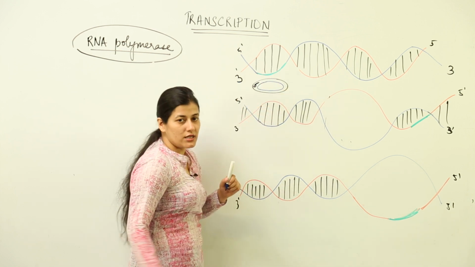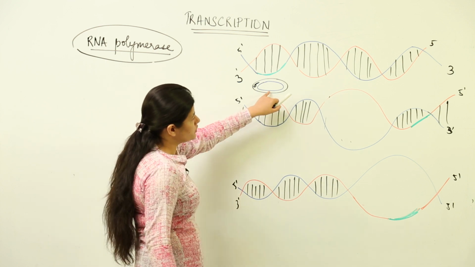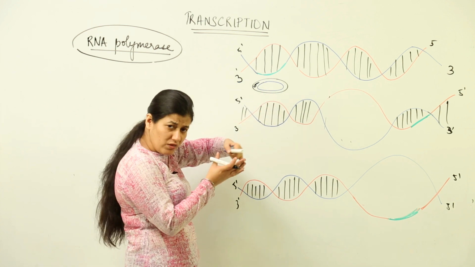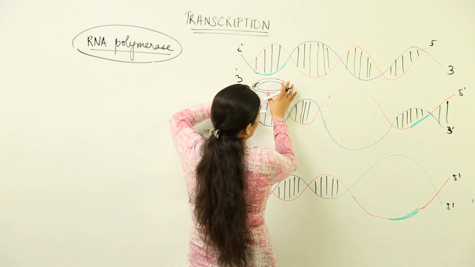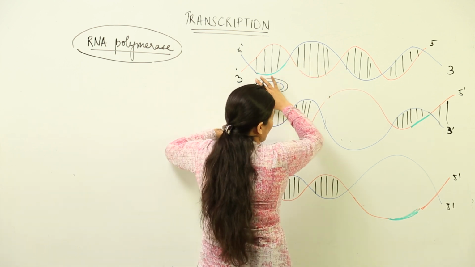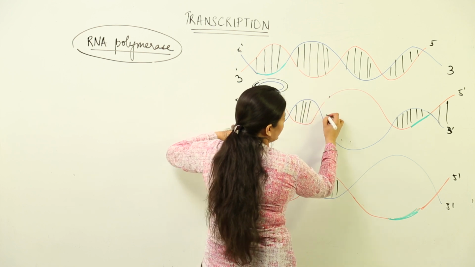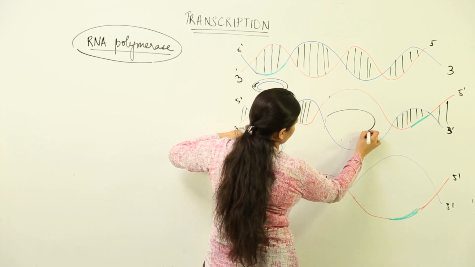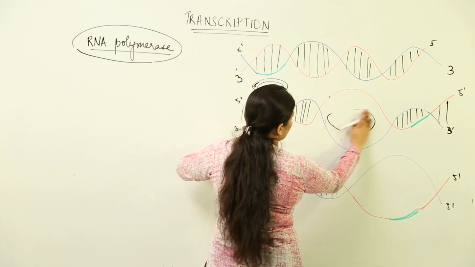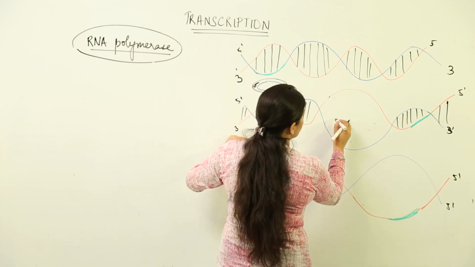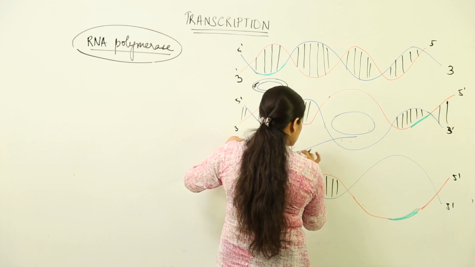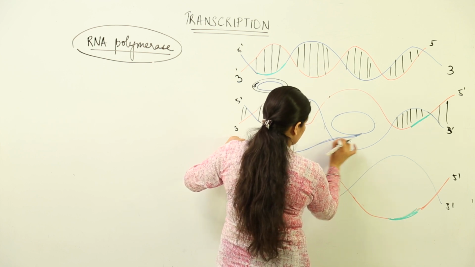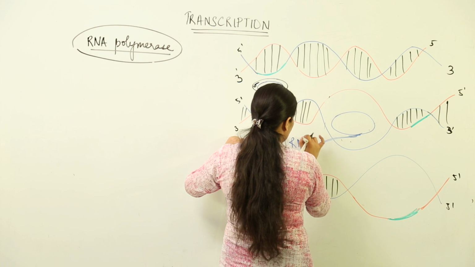promoter sequence. Once the promoter sequence has been identified, of course, the helix uncoiling has to be done. The helix gets uncoiled and RNA polymerase enters inside and extends the chain forward. This is RNA polymerase. It has extended the formation of the chain. RNA is being produced like this. This is the RNA that is being produced.